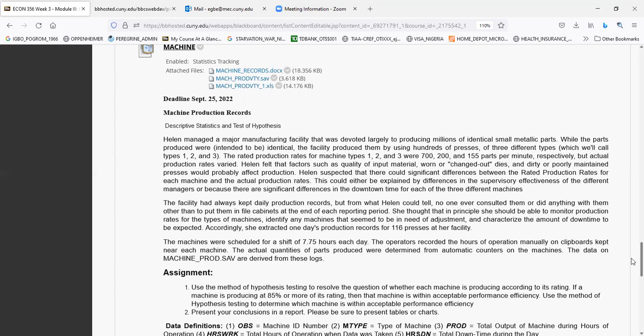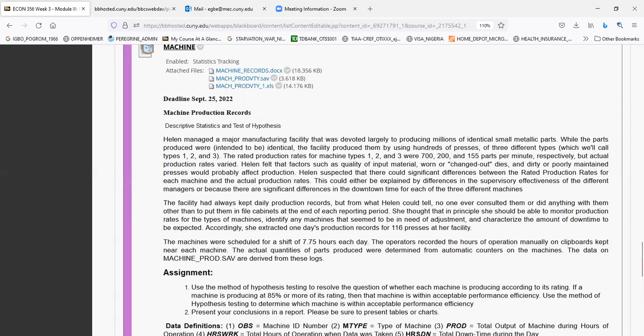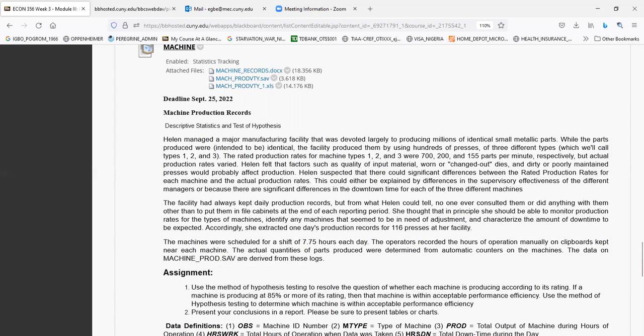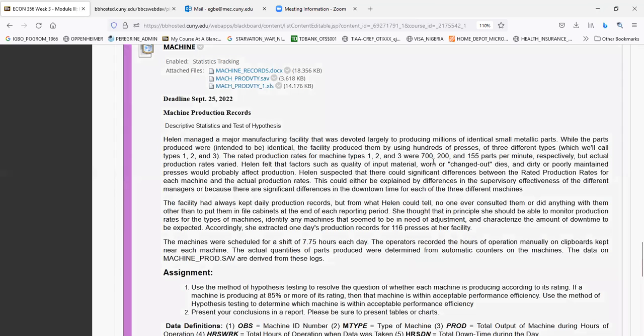It says there are 3 machines, right? Are you following me? Yes, Professor. Now, the 3 machines are designed to produce, if machine number 1 is designed to produce 700 units per day. You see that?